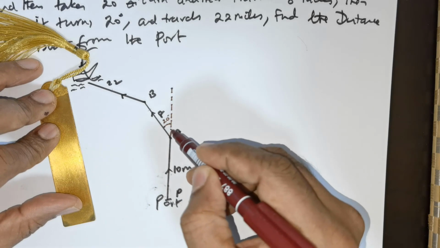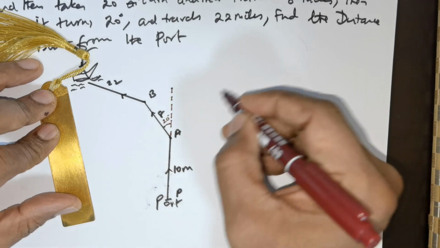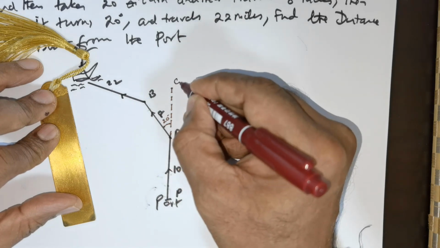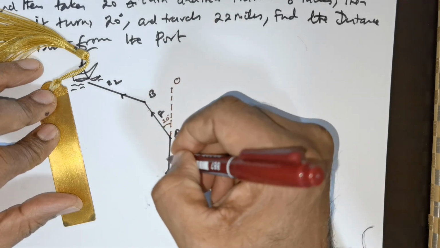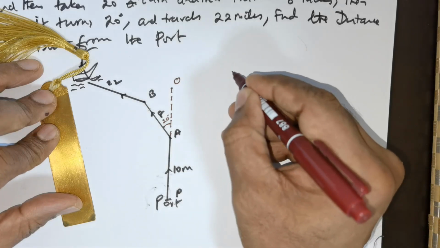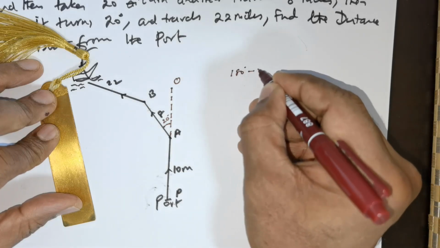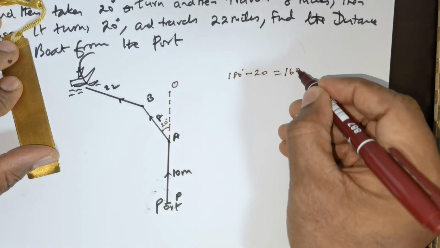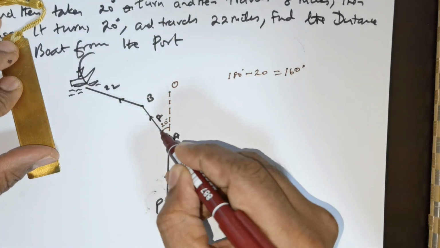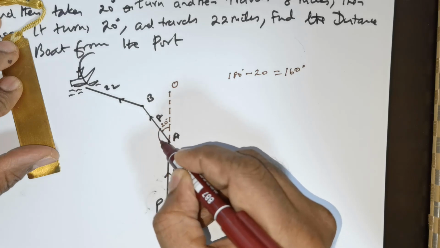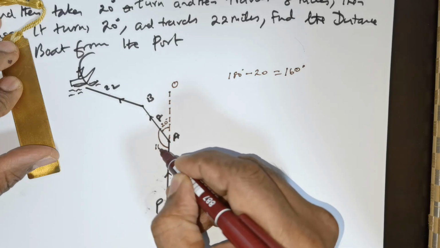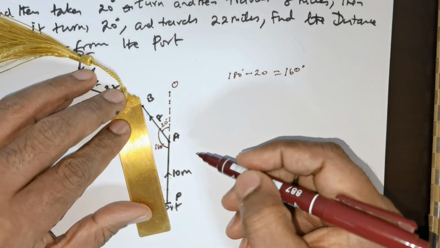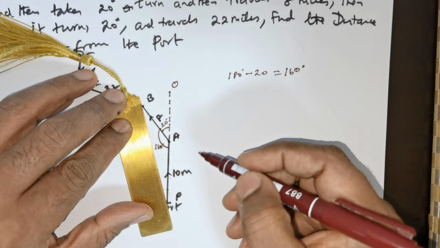Now if I take this point as O, this entire angle is 180 degrees. So from 180 I subtract 20, I'm going to get 160. So this is going to be 160.